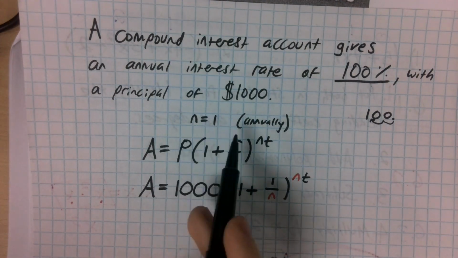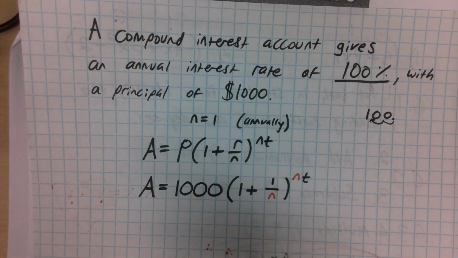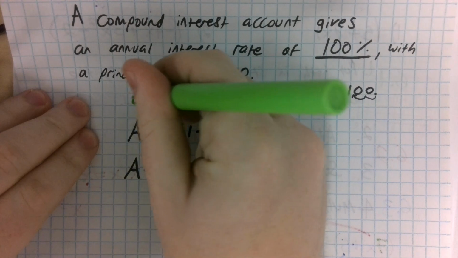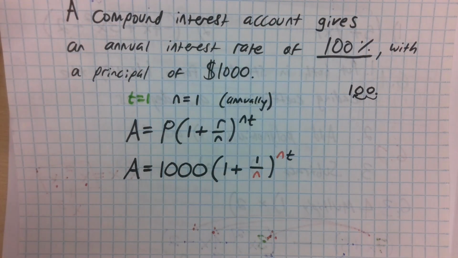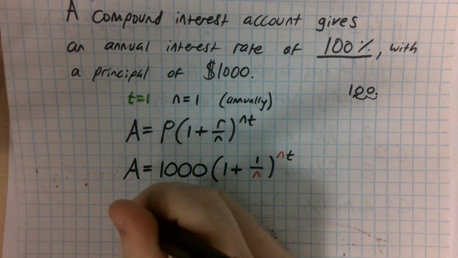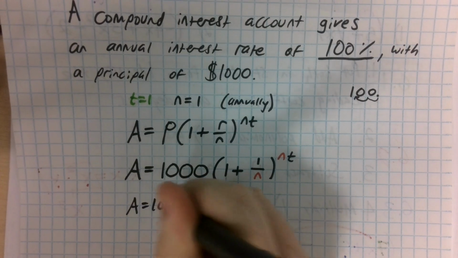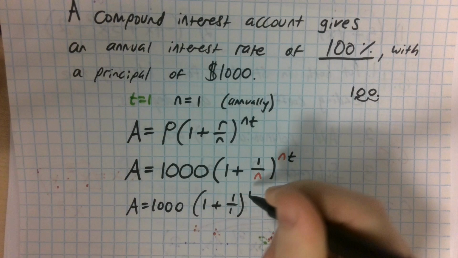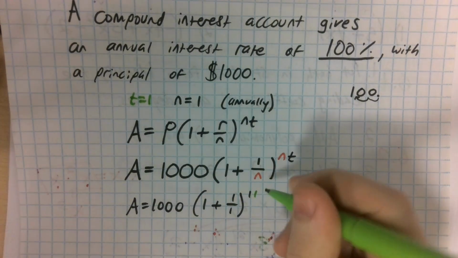Let's see what happens with an interest rate of 1 after just 1 year, meaning our n is 1, and we're also going to make t 1. Well, we would end up with 1,000 times 1 plus 1 over 1 to the 1 times 1 power.